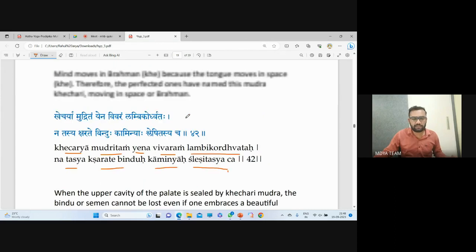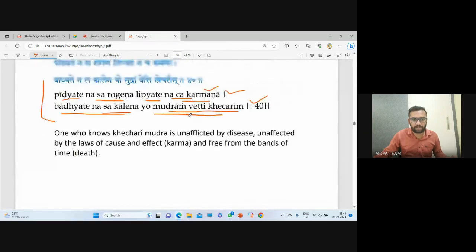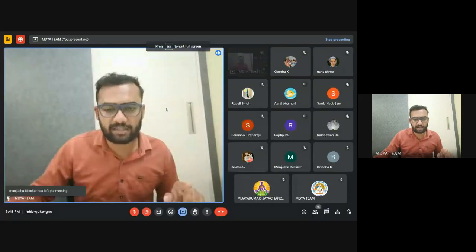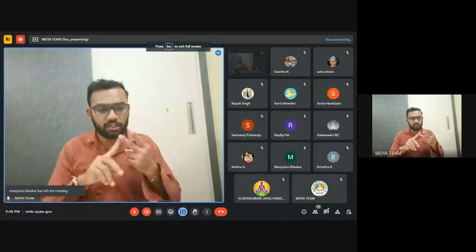Yes, one question I remember from this line, Liptate Nacha Karmana. One time in the UGC exam, this question was asked: which mudra is responsible for the fact that we are doing any activities, karmana, but that activity will not affect us? That is Khechari Mudra. If I correlate it with Yoga Darsana, there it is mentioned: Shukla Karma, Krishna Karma, Shukla Krishna.